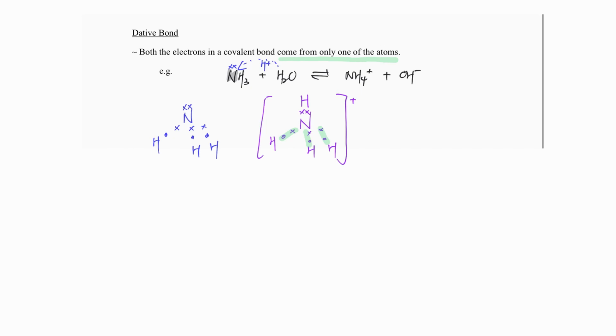This shows that the dot is from the hydrogen atoms and the cross is from the nitrogen atom. So each of them contributed 1 in the sharing. But for this bond, there are 2 crosses. This shows that 2 of these electrons are from the nitrogen atom. So this kind of sharing between 2 atoms, we say it is a dative bond.